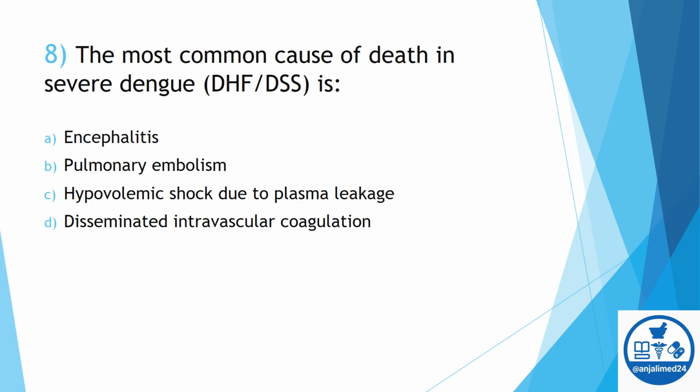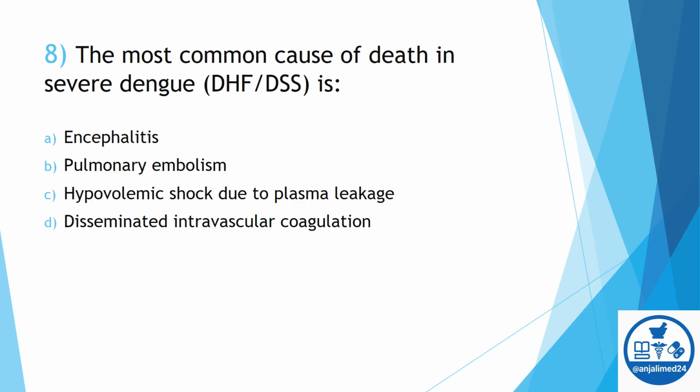In severe dengue or dengue shock syndrome, the body's blood vessels become leaky due to increased vascular permeability. This means plasma, the fluid part of blood, starts leaking out into the tissues, causing a drop in the amount of blood circulating in the body, a condition called hypovolemia.